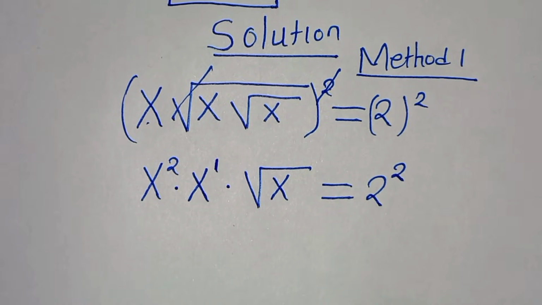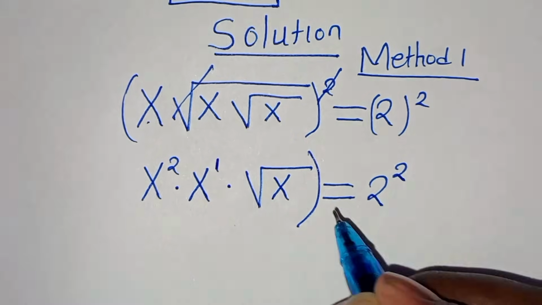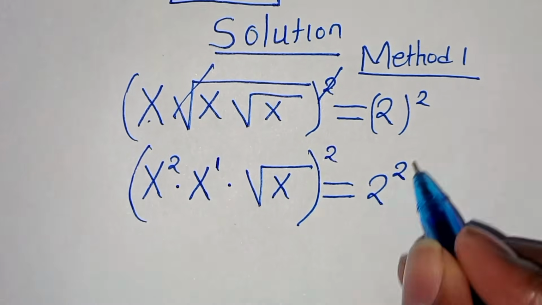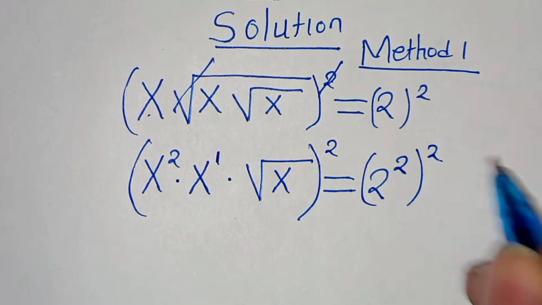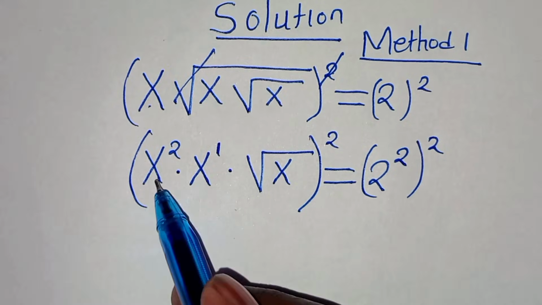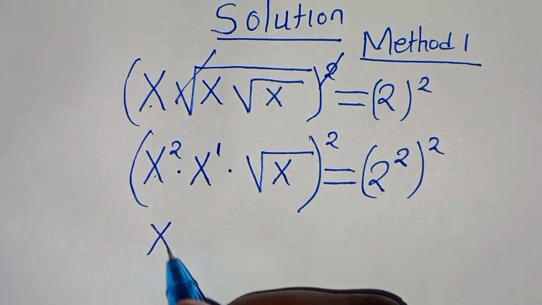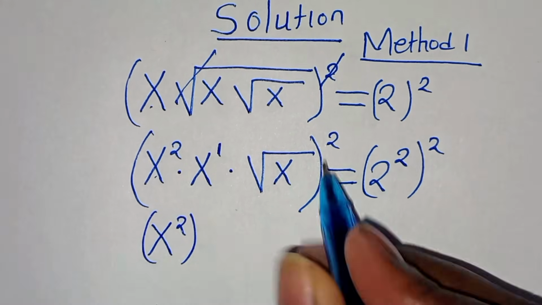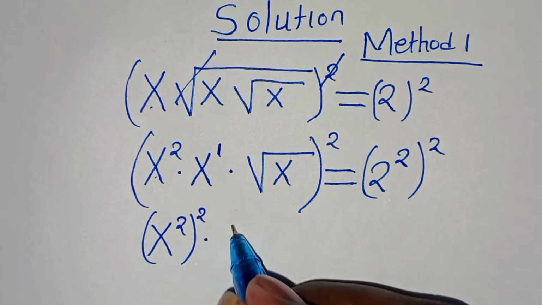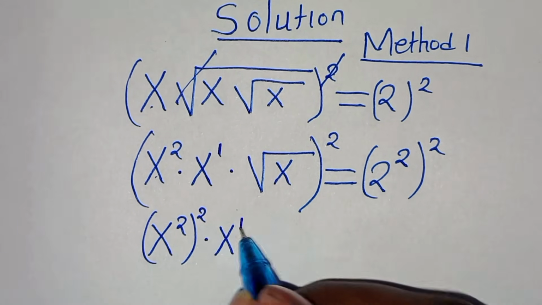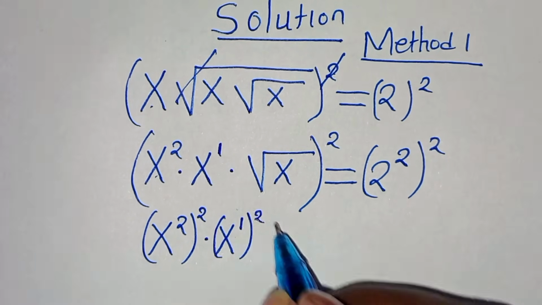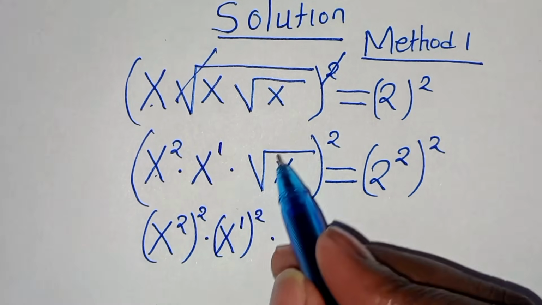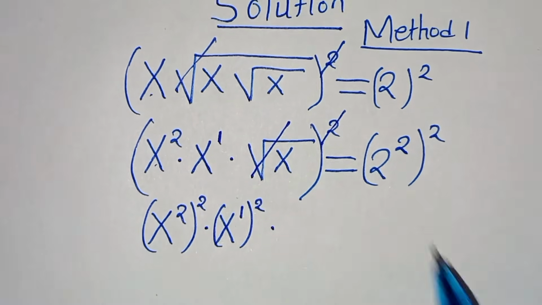The next step is again to square on both sides. And this means that here we have x to the power of 2 raised to the power of 2, then times x raised to the power of 1, then raised to the power of 2, then times. Now we can eliminate the second square root sign here.